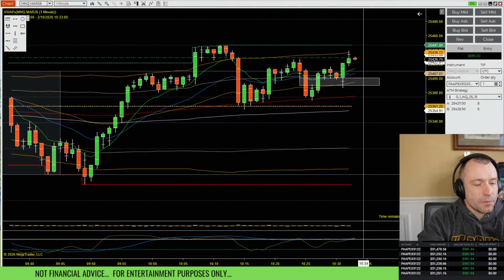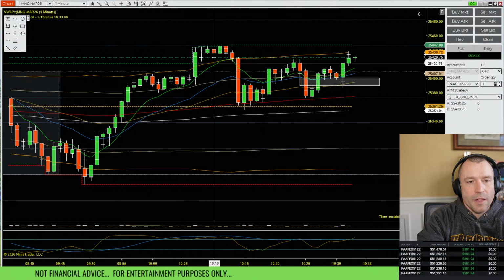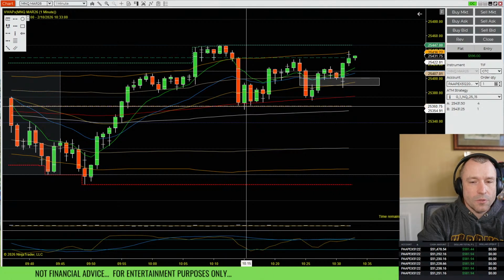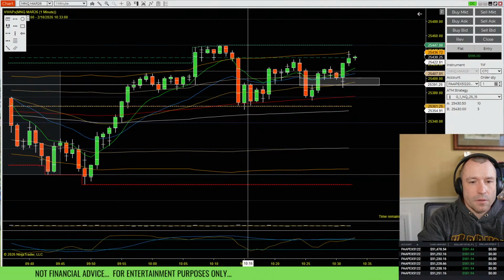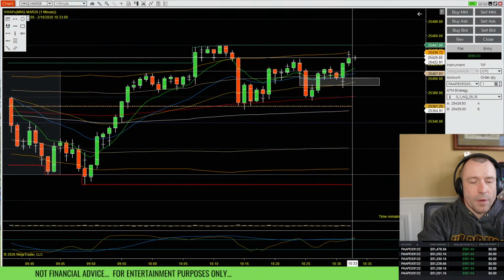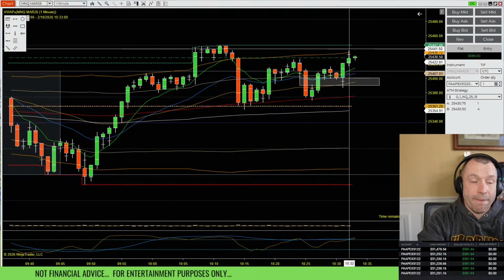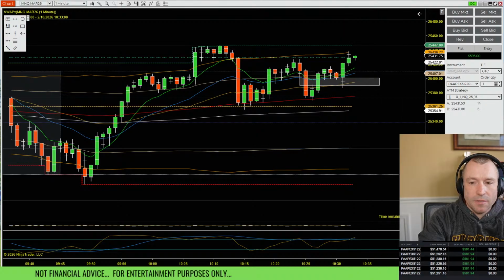Might just break through. I mean, last time we failed here, it took it all the way down to the overnight open. Now we've kind of maneuvered our way back up here. Wouldn't be surprised if it fails again, if that's the last chance for the bulls to push it up there before the bears begin to dominate.